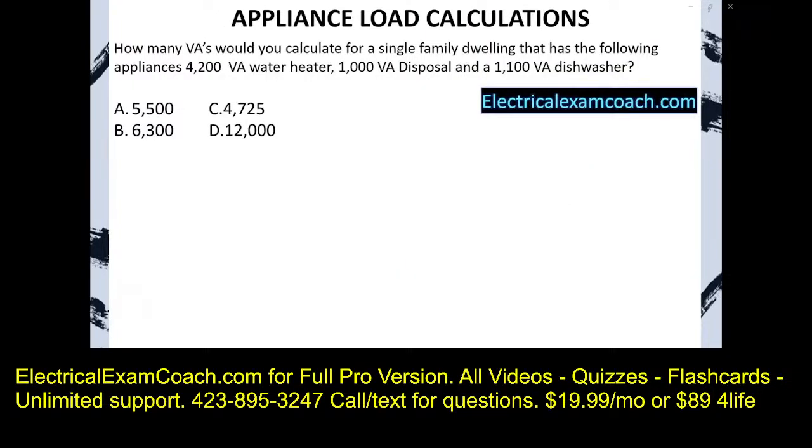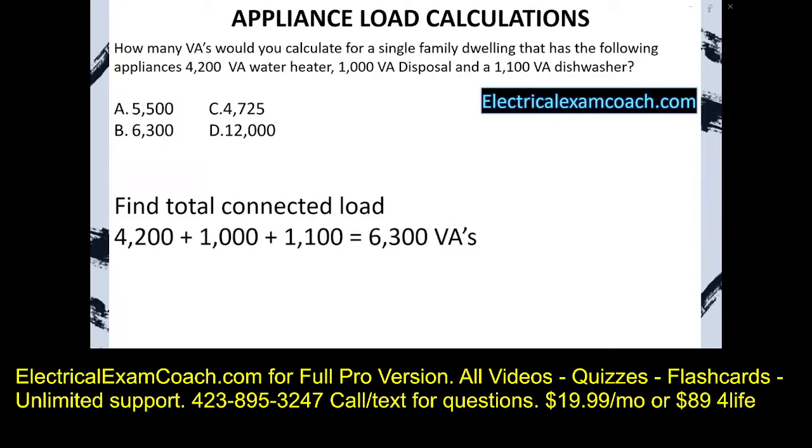How many VAs would you calculate for a single family dwelling that has the following appliances: a 4,200 VA water heater, a 1,000 VA disposal, and an 1,100 VA dishwasher? First, we're going to find the total connected load. We total all that up. It equals 6,300 VAs. Now, we check for demand factors.